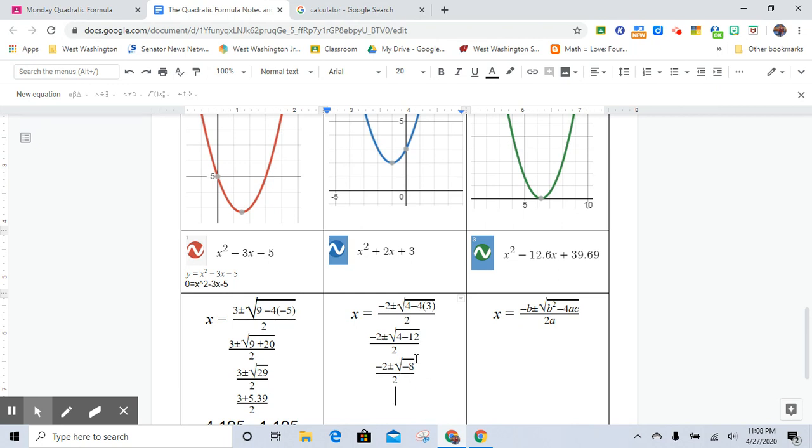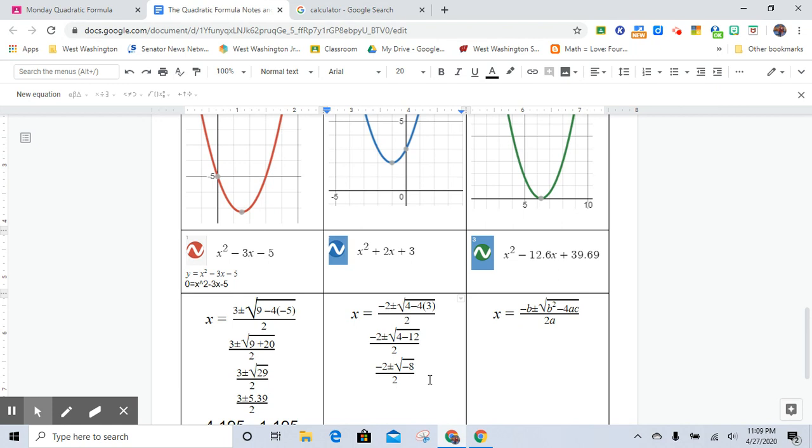And so when we see that we call this the discriminant, you'll talk about that in Algebra 2 a lot. But when you see this number under the square root is a negative, that is when we know that this cannot have a real solution. In Algebra 2, you'll get to imaginary numbers and talking about i, and it's really cool, but that's not what we're going to get into today.